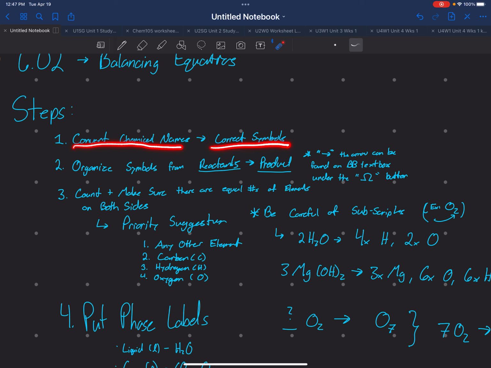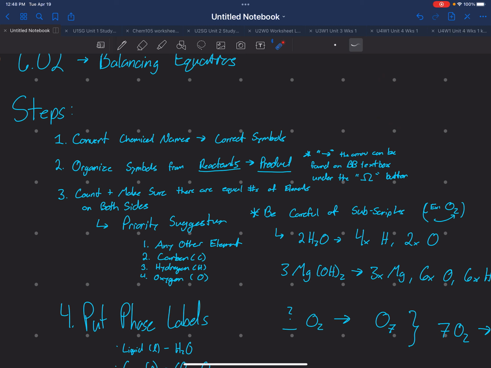We're gonna be counting numbers and stuff. So if you have C with a number and then H with a number, and so on, and you mess those numbers up, then whenever you balance, because balancing is just making sure there's the same number of atoms or pieces on both sides of the reaction, your counting is gonna be messed up too.